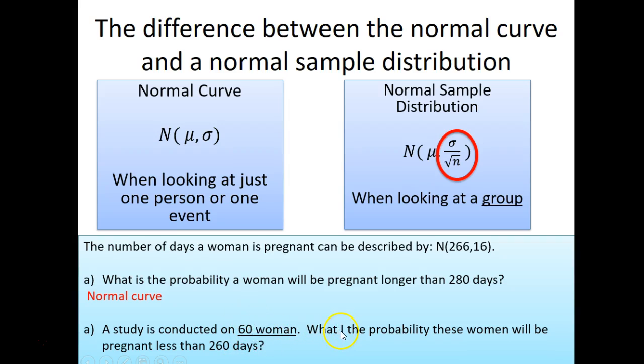What is the probability that these women will be pregnant less than 260 days? Excuse the typo there. Now I'm talking about a group, so I'm going to go to this distribution. I'm going to change the unit I'm counting out by. I'm going to change that standard deviation and divide it by the square root of n, which in this case is the square root of 60.